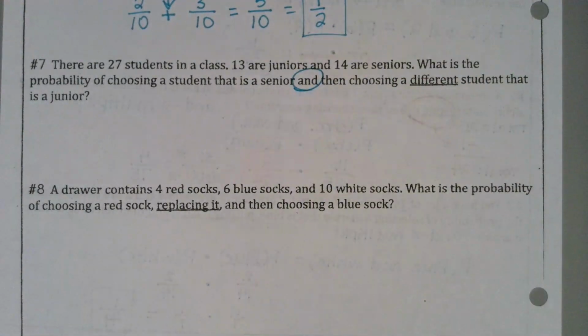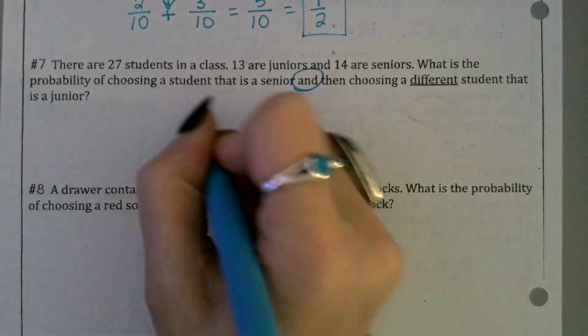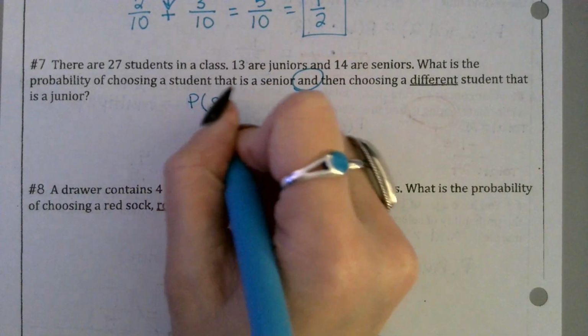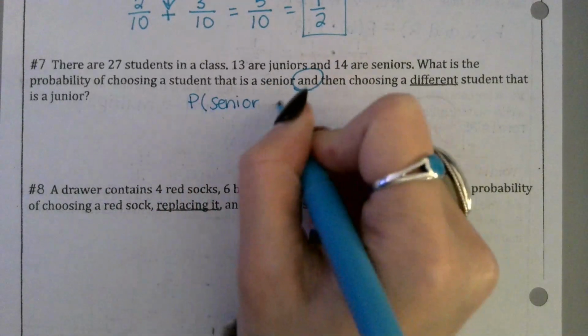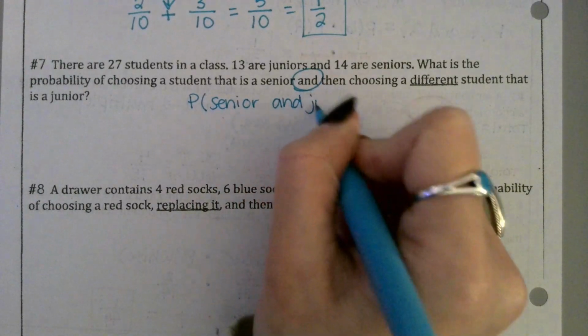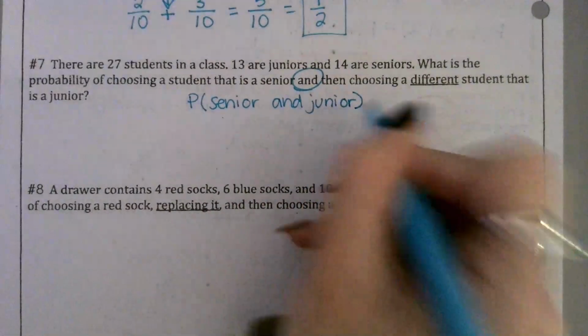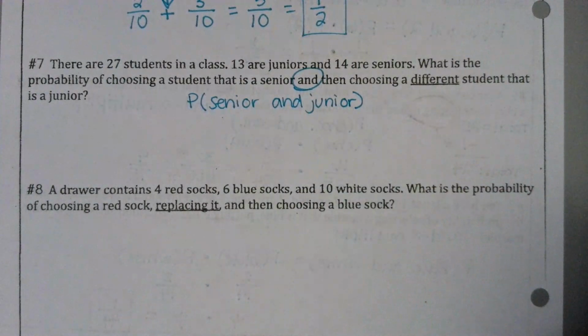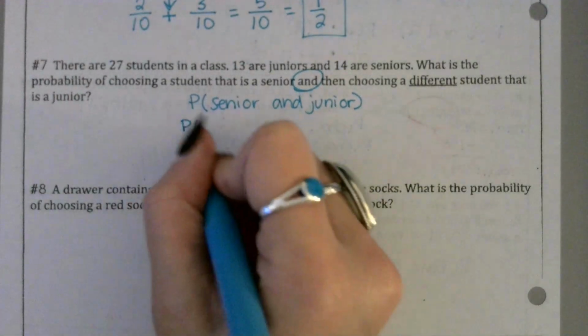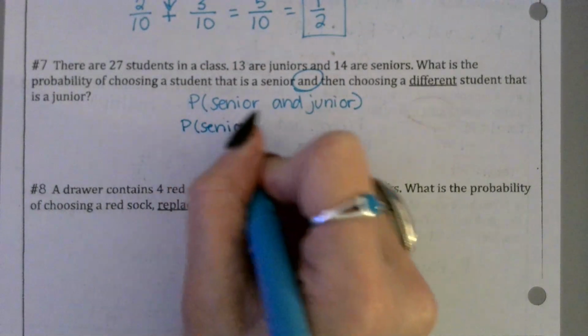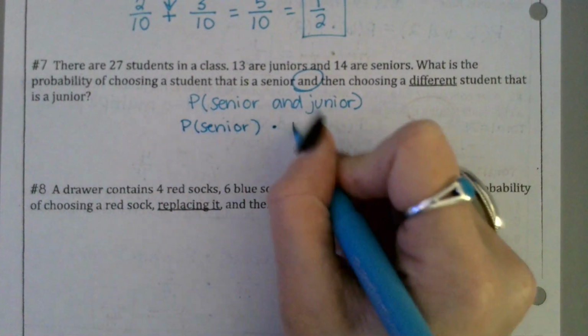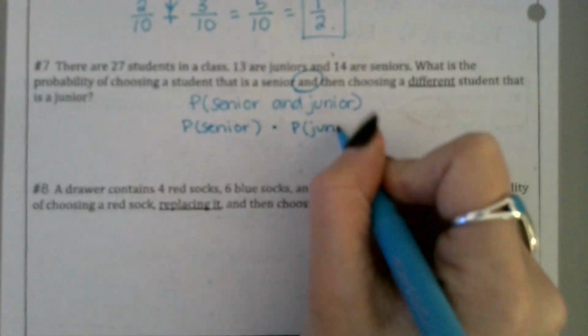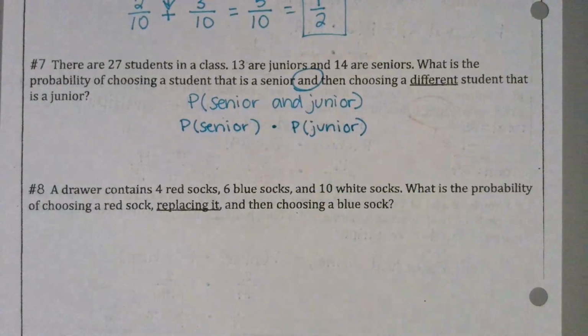So it's and. So we want probability of senior and junior. So probability of a senior times probability of a junior.